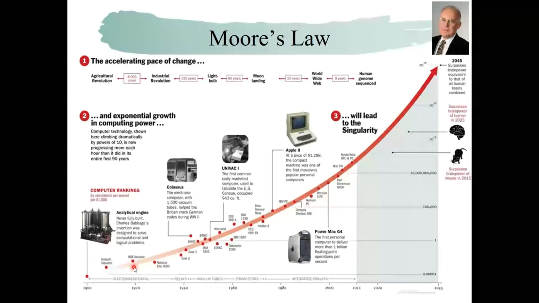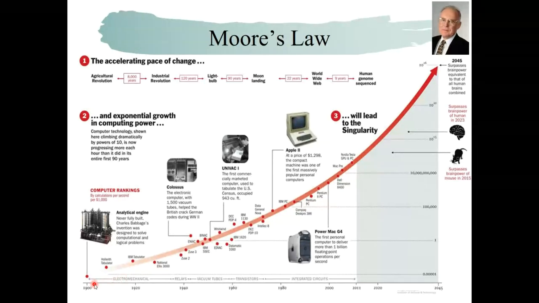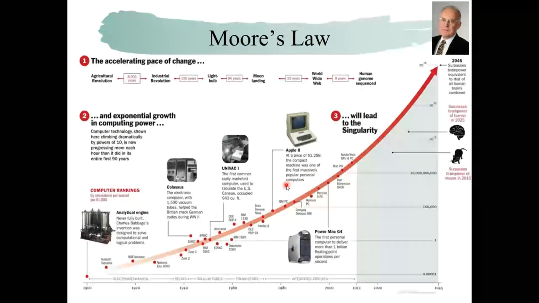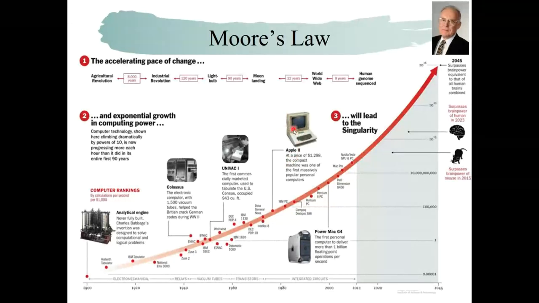In this cartoon, you may see from 100 years ago, the number of transistors increased very rapidly. This is even faster than exponential growth. This is the very early stage of computers. You may have heard about the Univac or Apple II, which are very old style, and the Power Mac was built at the end of last century, and this is nowadays.